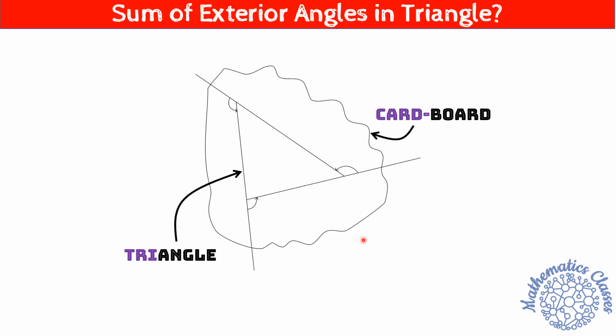Let us do one activity to show that all the exterior angles of a triangle together measure up to 360 degrees. Take one cardboard and draw a random triangle with different sides. To measure its exterior angles, we can extend its sides, and then all these angles would be the exterior angles measured in anti-clockwise direction.